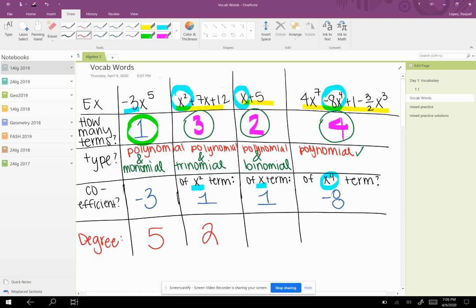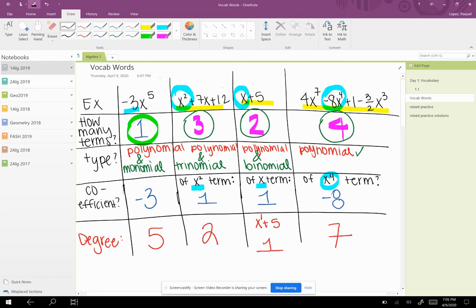Now in x plus 5, I don't see any exponents, right? I'm just looking at the variable. However, there is an exponent of 1. So the degree of this expression is 1. And then the degree of the last one is going to be 7 because it's right here attached to that 4x. Okay, attached just to the x.